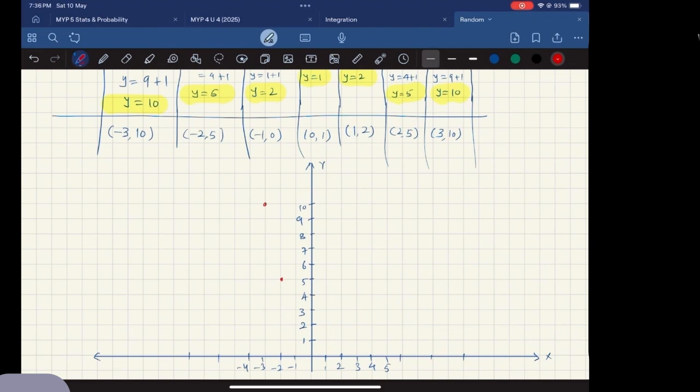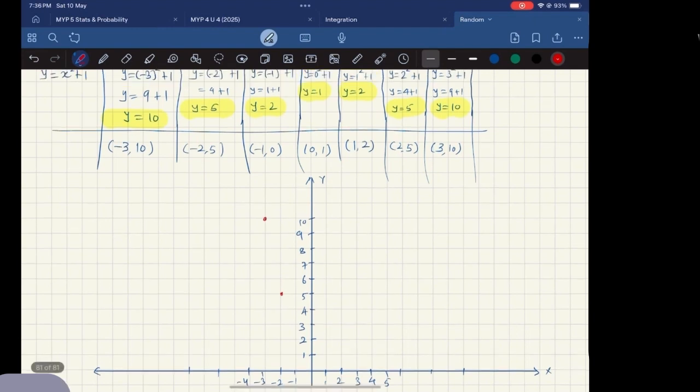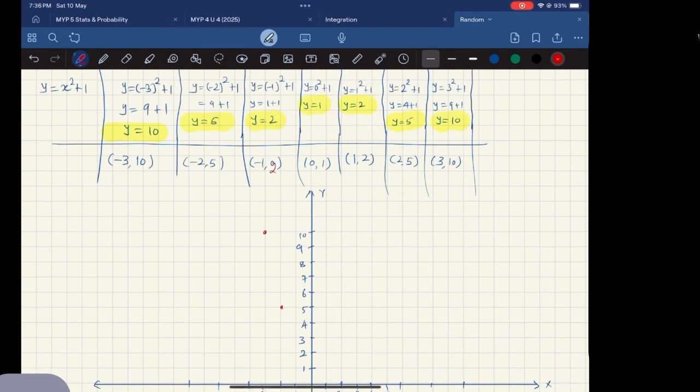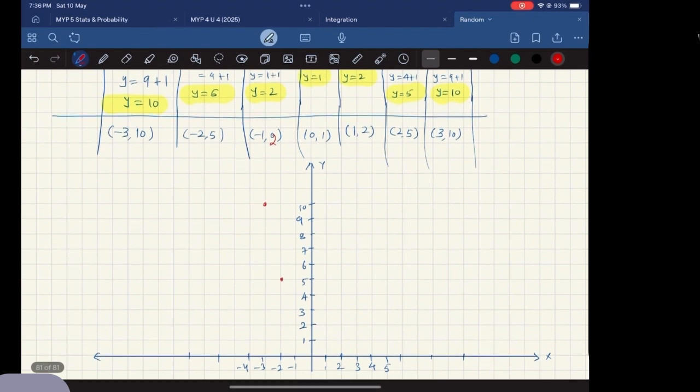Then you have (-1, 2). Sorry, I wrote it wrong. Then you have (0, 1), then (1, 2), (2, 5), and (3, 10). Now you need to join it.